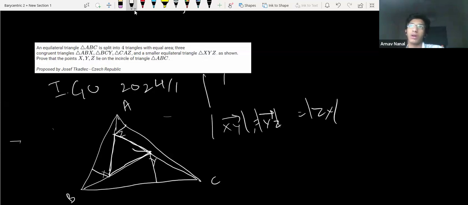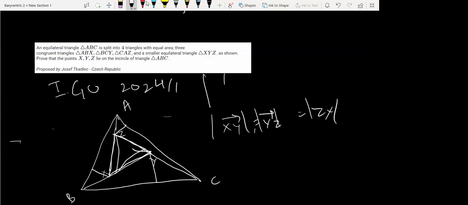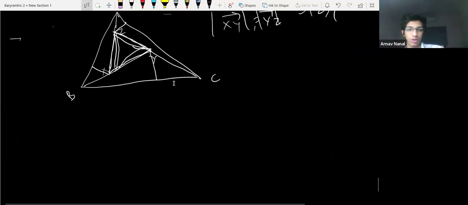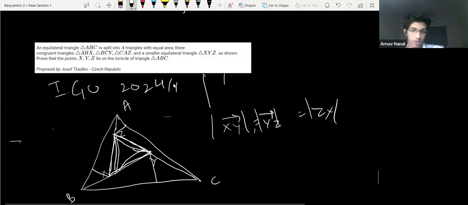Okay, sure, you can do that. You mean you want to just equate these lengths, right? Yes, you can do that. What I chose to do was to assume the symmetric formula for x, y, z, and then you know that this thing also has area 1/4 of ABC.